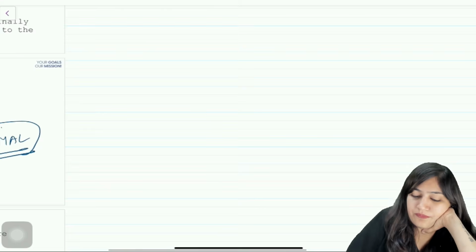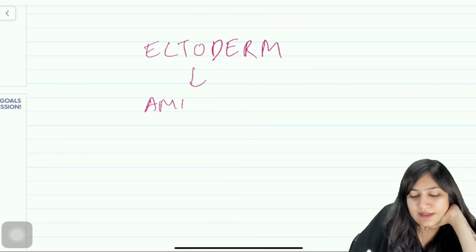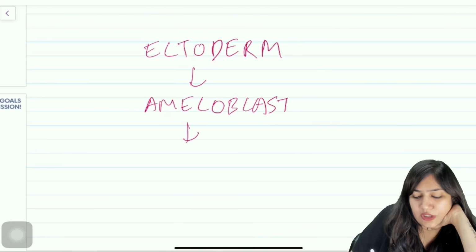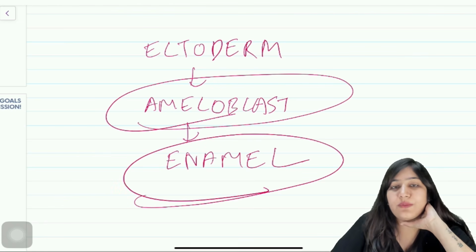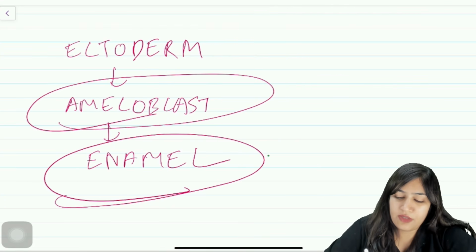Ectoderm is involved in the formation of ameloblast cells, which are involved in the formation of enamel. Right? So if enamel was asked, then ameloblast cell would be the correct answer and ectoderm would be the correct answer here.